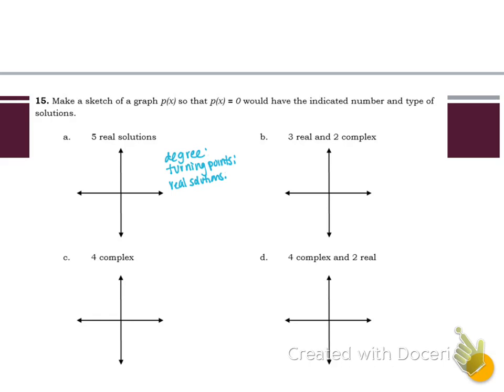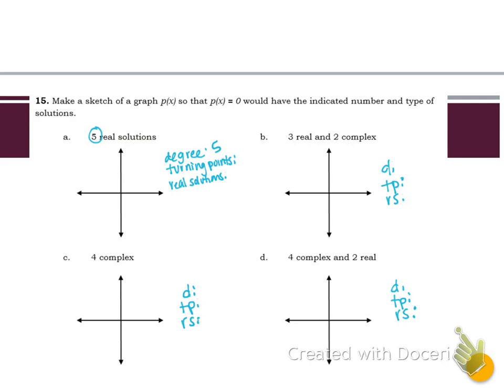So I'm going to write degree, turning points, real solutions. Okay, so the degree is the total that I have.